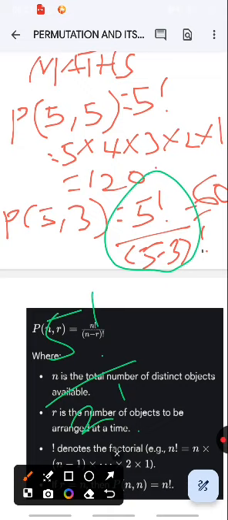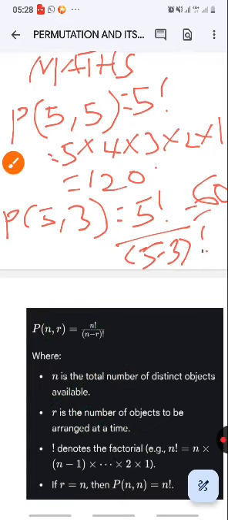So that's what you do anytime you are asked to find the number of ways that the letters in math can be arranged. Since you were not told to select 2 letters at a time, 4 letters at a time, or 1 letter at a time, what it means is that you are going to select all the letters at a time.